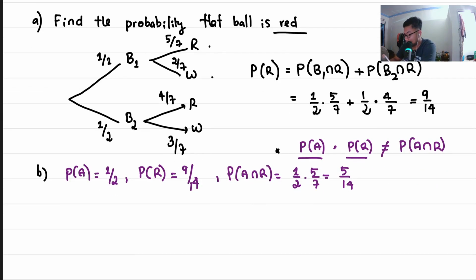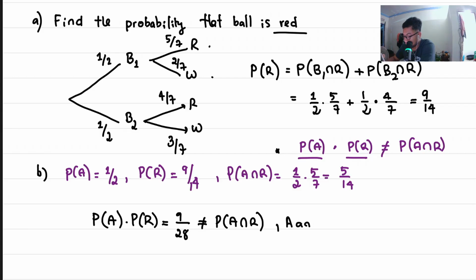So PA times PR equals 9/28, isn't it? That is different from P of A and R. Okay? You understand? So I think they're not independent.